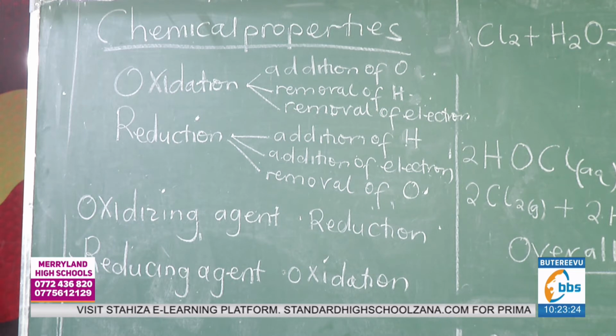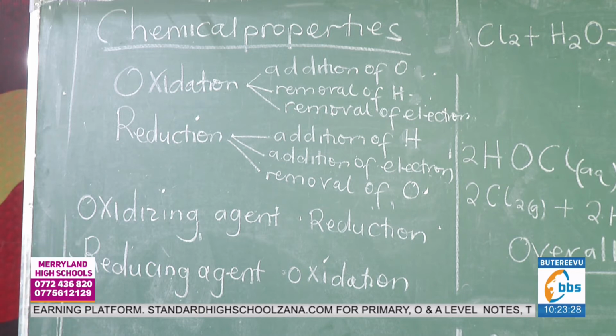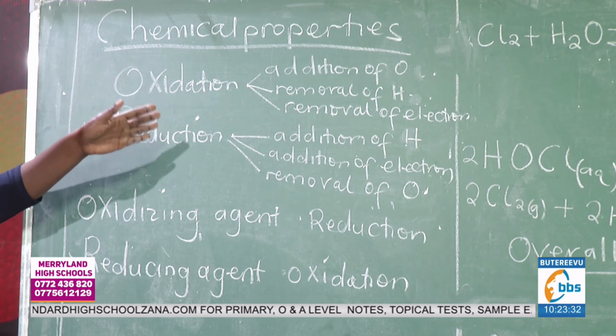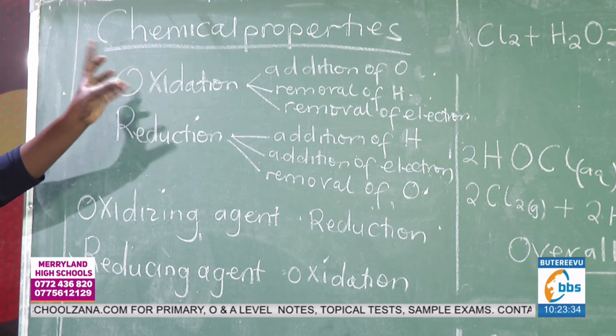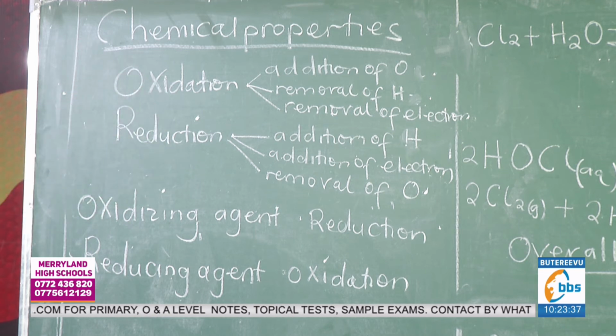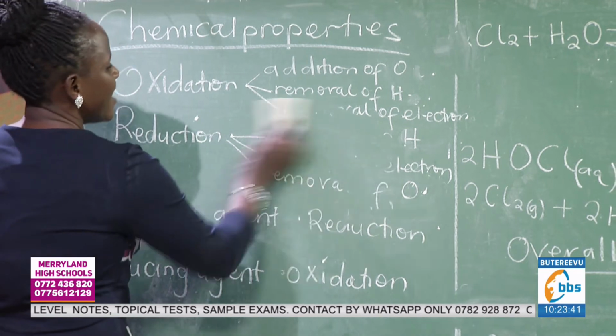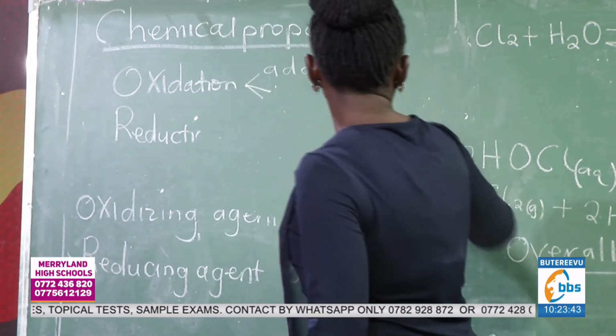A reducing agent undergoes oxidation, but it reduces the one it is reacting with. So we are going to look at chlorine acting as an oxidizing agent.